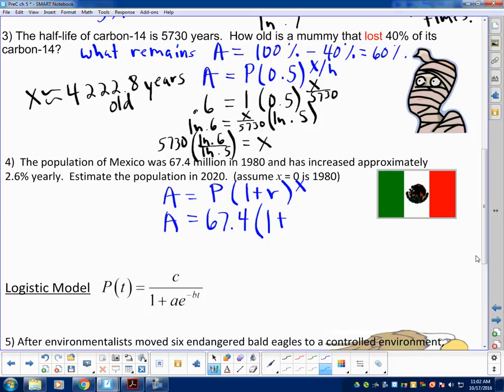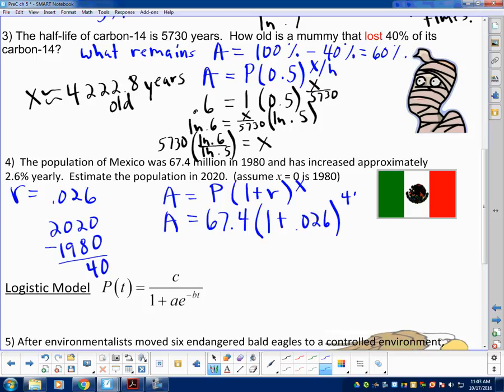This is my r, and r is equal to 0.026, not 0.26. That'll give you problems here. To the power of what? 40, yes. 2020 minus 1980 gives me 40, and that's my power on that.